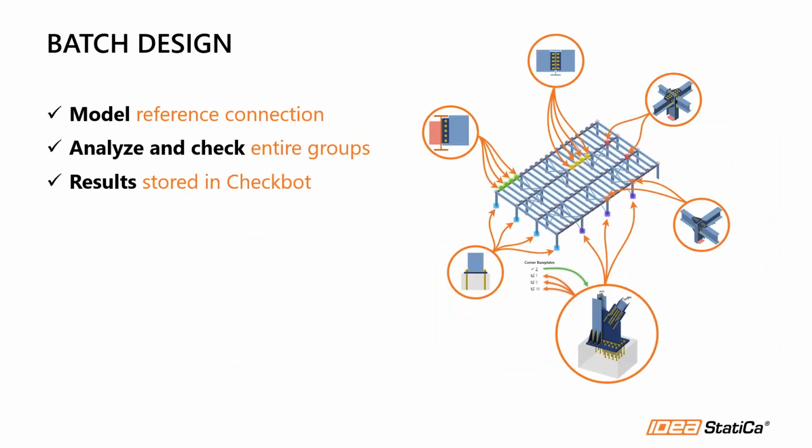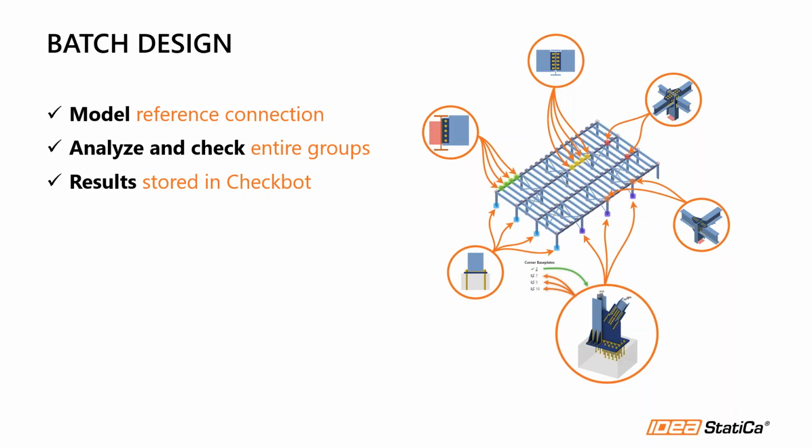Now, the next step is batch design. The critical loads together with batch design in Checkbot are meant to save design time, as you saw. The steps are very simple. You identify the groups, then you open the reference connection, add a parametric template or use the operations to model the connections in the joint, save the connection, then go back to Checkbot to calculate all the joints in the group.